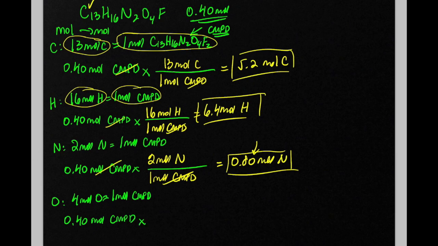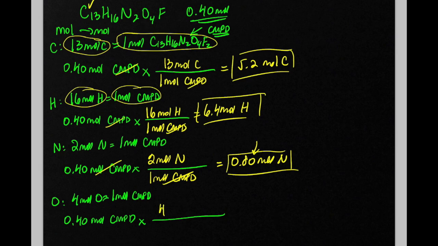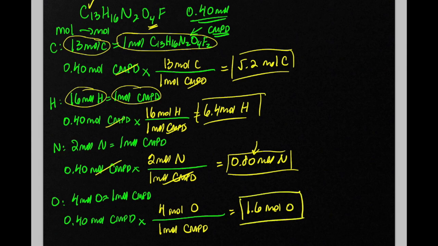Mislabeled the units. This should be moles of compound that we're starting with once again. And we have 4 moles of oxygen because the subscript is a 4 for the oxygen. So 4 times 4 is 16, right? So that's going to be 1.6 moles of oxygen.